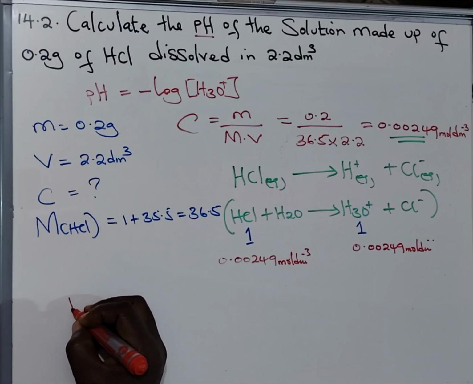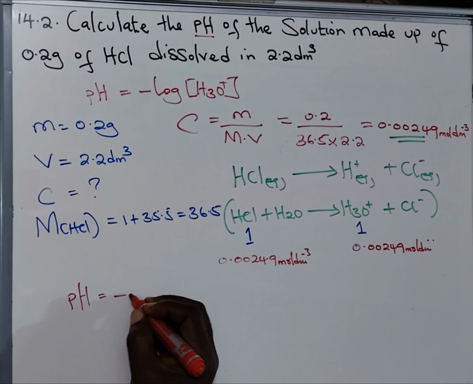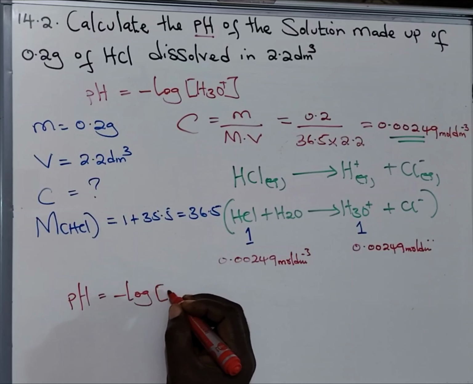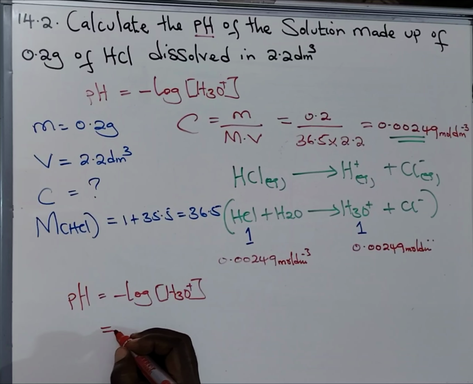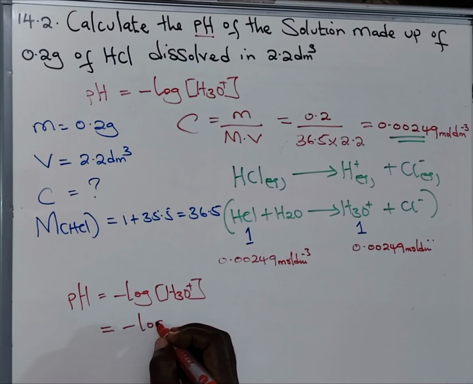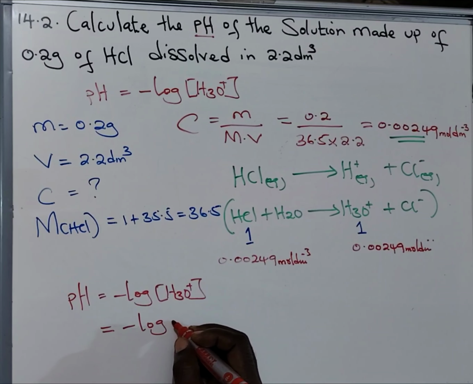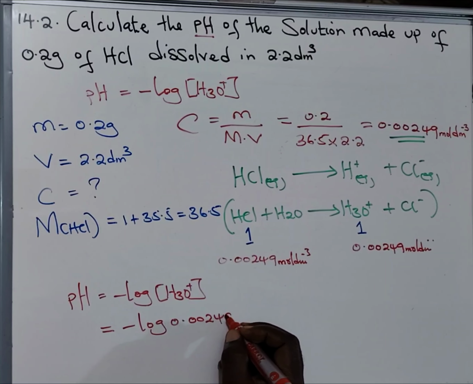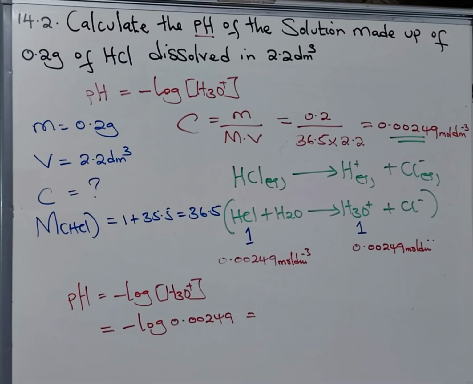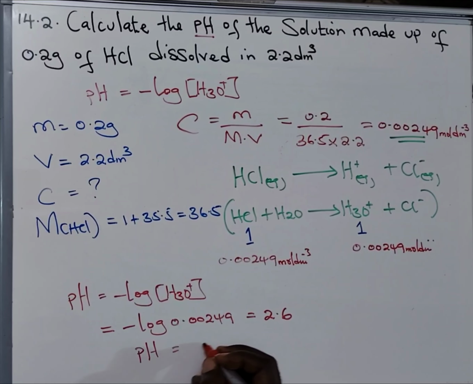We said pH is equal to negative log hydronium ion concentration, which is going to be negative log 0.00249, giving you 2.6. So the pH of the solution is 2.6.